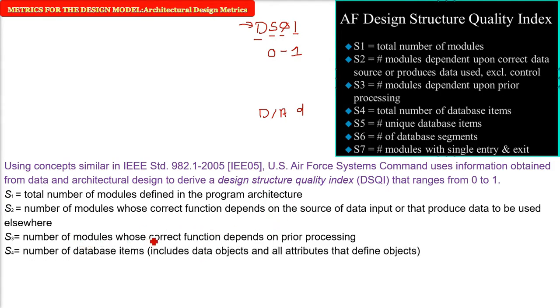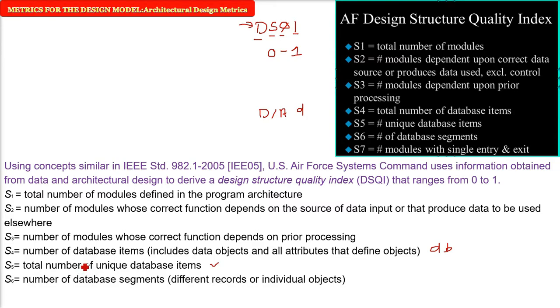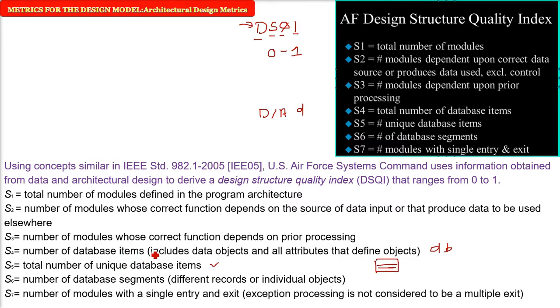S4 will be the total number of database items, and S5 will be the total number of unique database items. S6 will be the number of database segments, like the records. If you make a table, one table in a database, the number of records and individual objects. S7 will be the number of modules with single entry and exit. So S1 till S7 will give numbers, and then we will compute the DSQI.